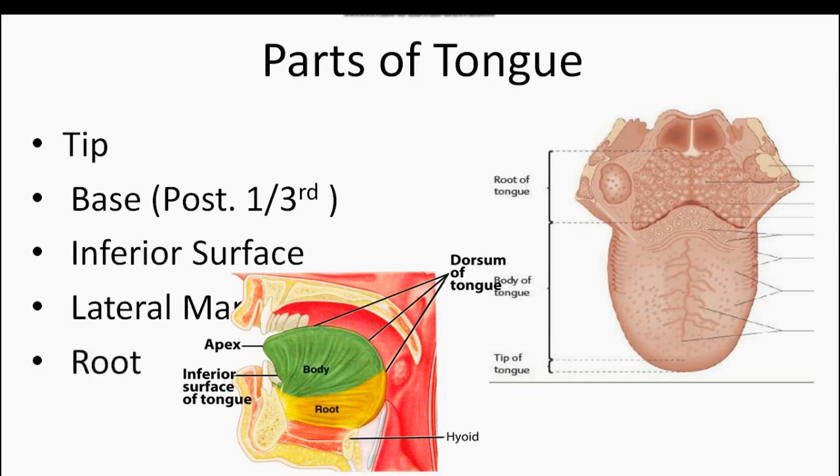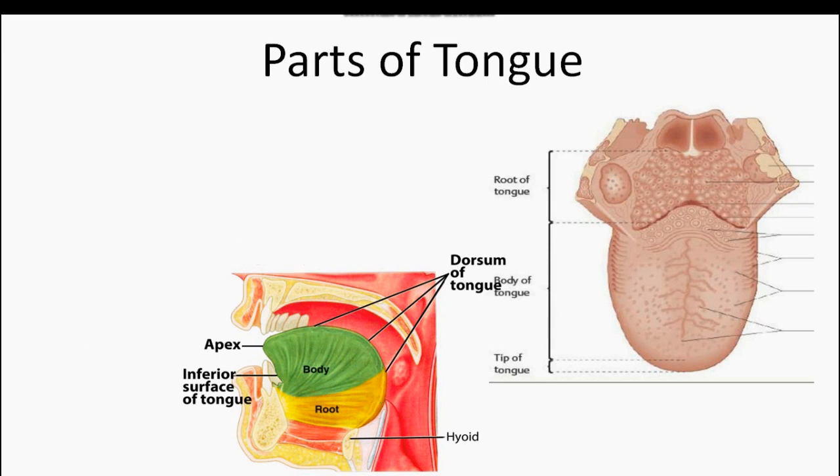Then root of the tongue. This root of the tongue is present at the floor of the tongue. So this root is formed by the lower fiber of genioglossus muscle.